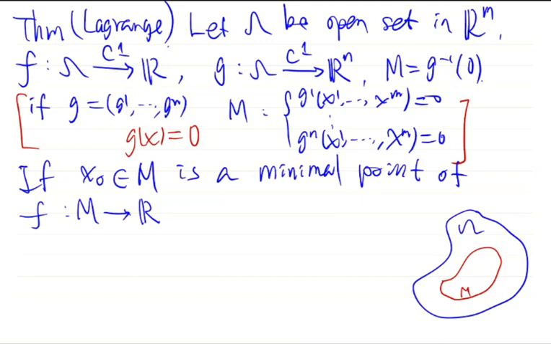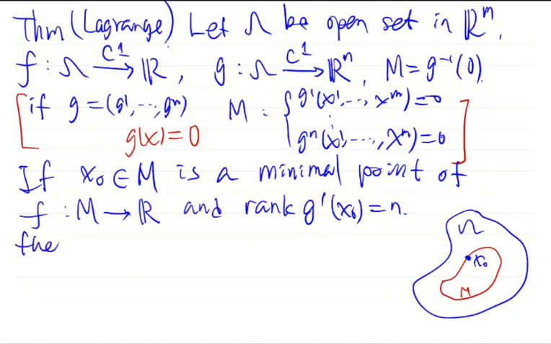So we consider f as a function on M, and x0 is a point in M. If x0 is the minimum point of the function restricted to the constraint set M, we also assume that the rank of the derivative matrix of G at x0 is n.